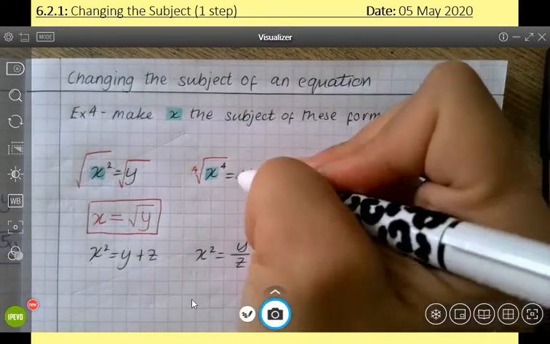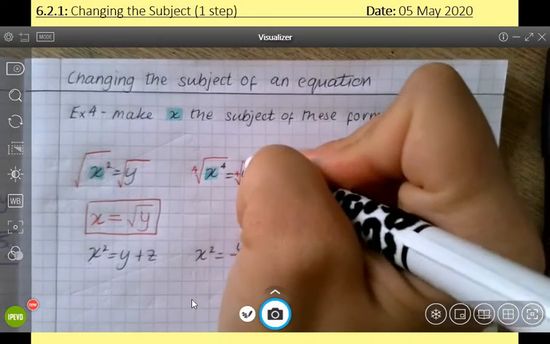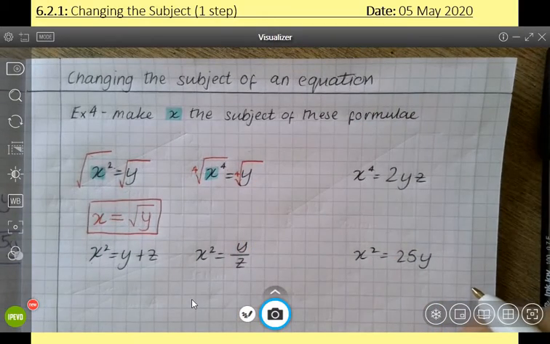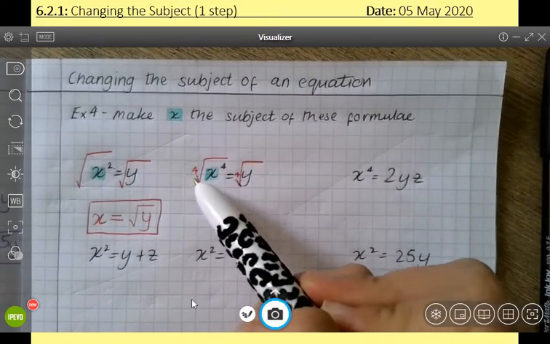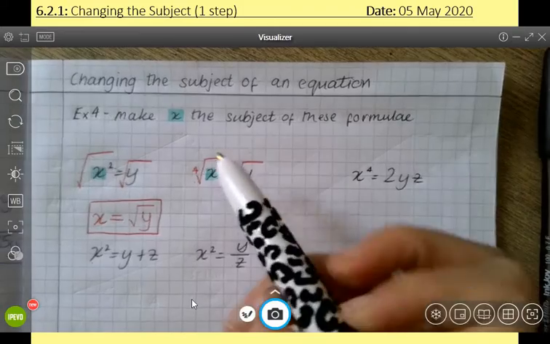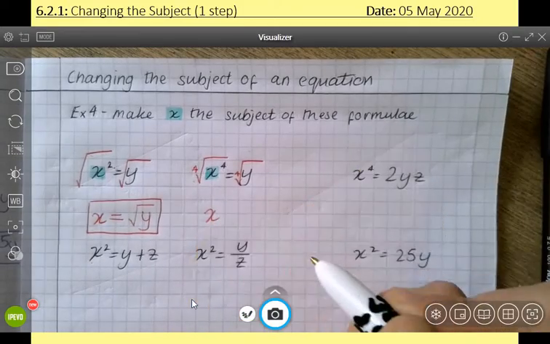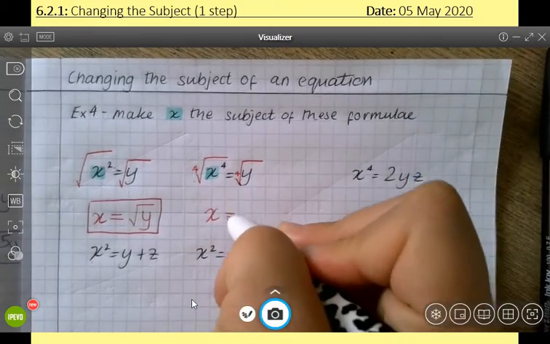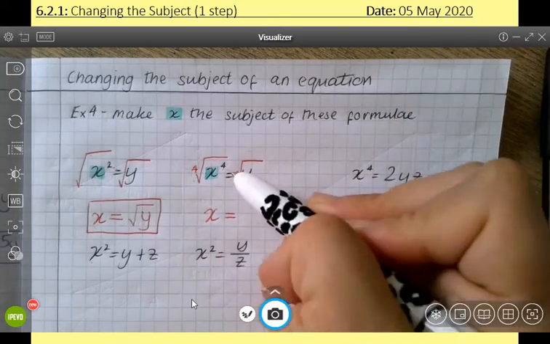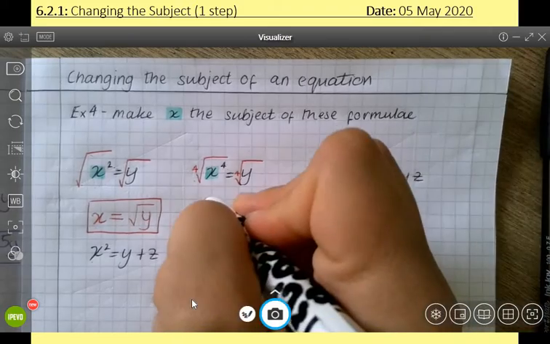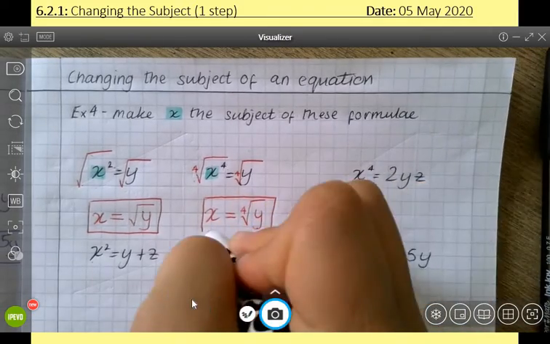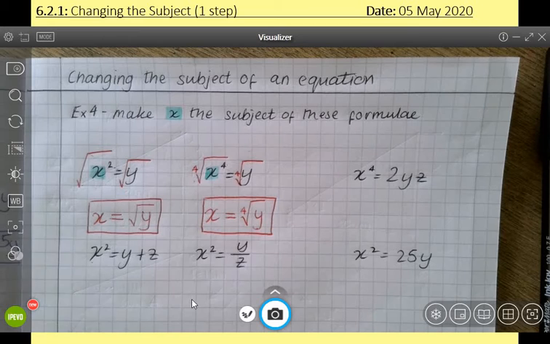And we have to do that to both sides of the equation. The power of 4 and the fourth root are opposites of each other. They cancel each other out and leave us with just x. And on the right-hand side we have the fourth root of y. And that is the answer to our question, because we've made x the subject now.